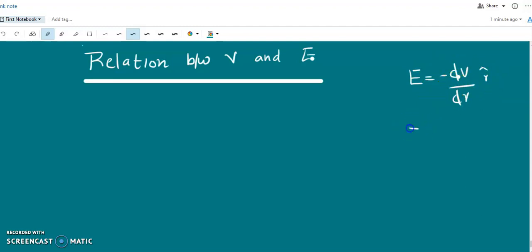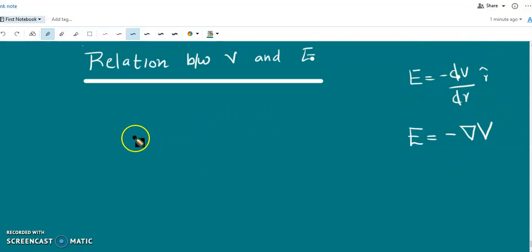Or in 3 dimensions, we can write E is equal to the negative gradient of potential. So here we are going to derive this relation.